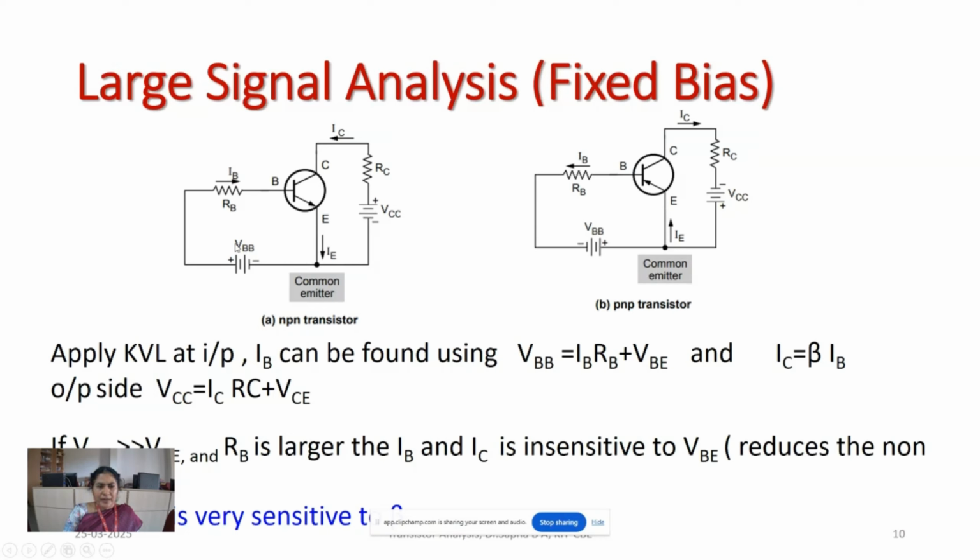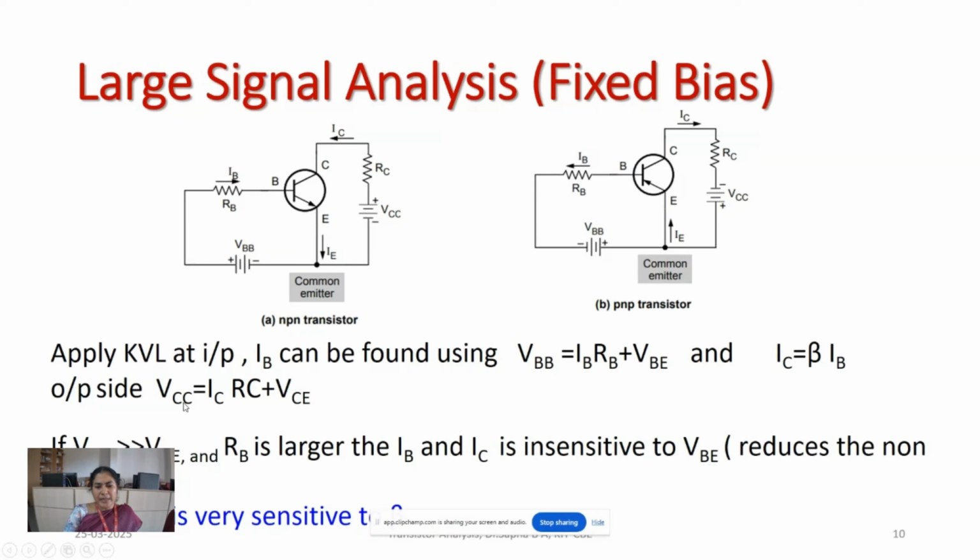The collector current IC will be equal to beta IB. Based on this equation, we will be able to calculate IB as well as IC. At the output side, the supply voltage VCC will be equal to the collector current times the resistor, IC into RC, plus VCE, the voltage drop across the collector and emitter.